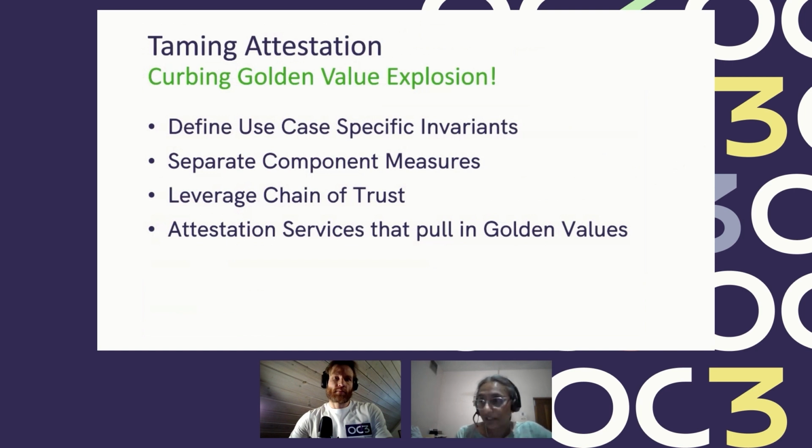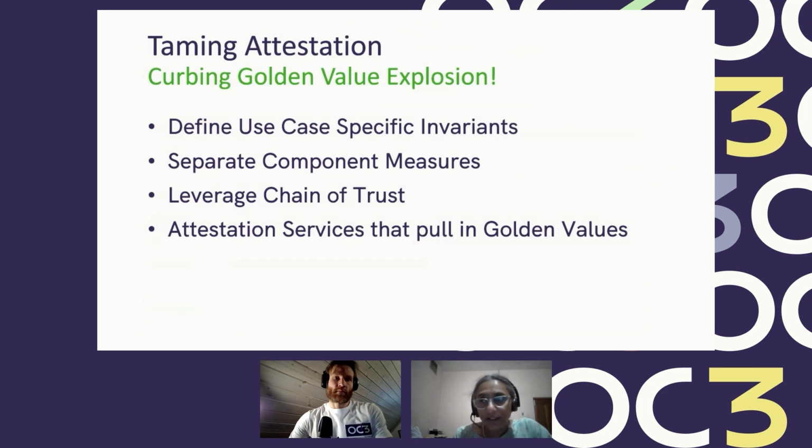Separate component measures: you say, hey, here's the BIOS, here's the kernel, and you can use that information to obtain who should have signed it and what its hash is, to compute at the attestation service itself what that golden value should be. That way it's not the onus of the end user, the owner of the workload, to keep supporting and announcing what the right golden value is. They can take care of a profile, they can take care of a policy, and leave the rest to the attestation service, which is the ideal here for us.